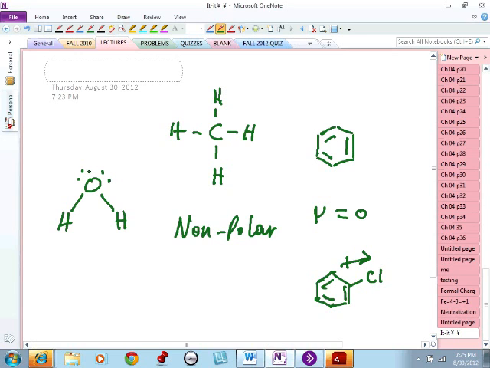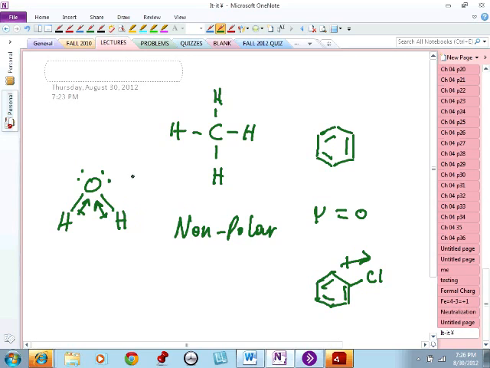When we say a molecule has a dipole moment, we're saying there is uneven distribution of electrons within the molecule, so one part of the molecule has more electrons than the other part. Within the individual bonds, we could draw this: oxygen is pulling bonding electrons to itself here, and also on this other side.